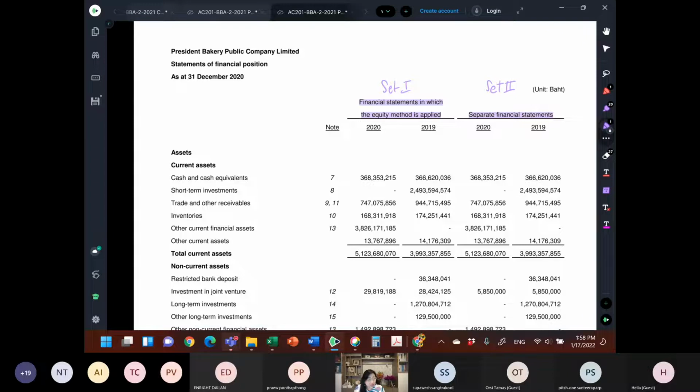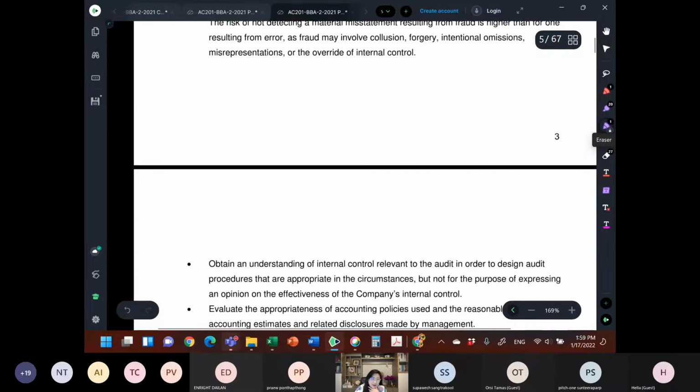And not only do they present two sets of financial statements, they also present 2 years side by side. So this is the information at the end of the year 2020, and this is the information at the end of 2019. Same for here, 2020 and 2019. So you get to see the presentation of two sets of financial statements for 2 years side by side in a 4-column format. Okay. Now let's go back.